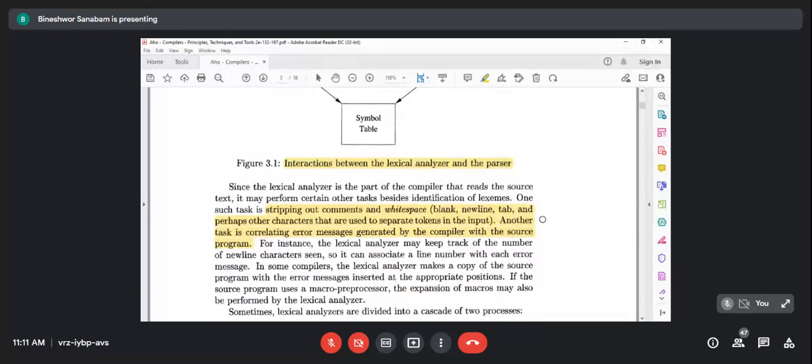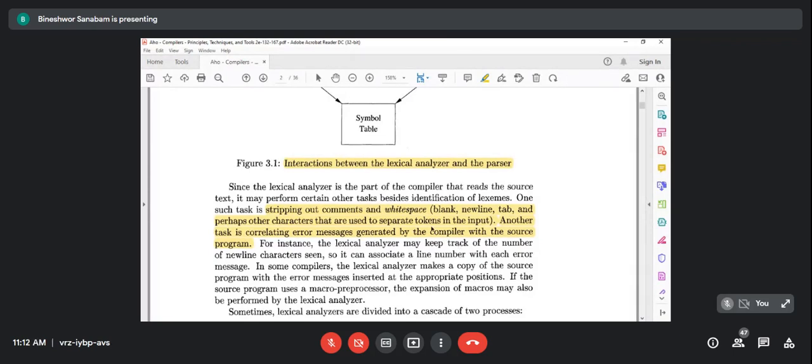And so the lexical analyzer also has other roles: it will strip out your comments and white space, and it will have the task of correlating error messages generated by the compiler with the source program.